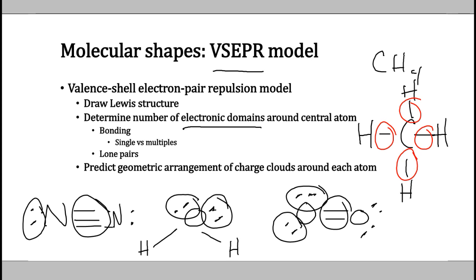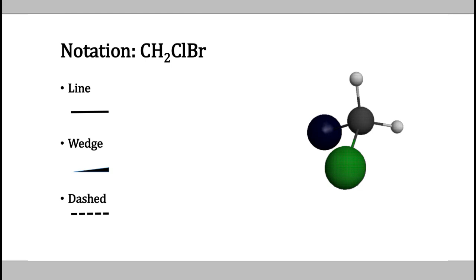So let's go ahead and take a look at some other notation. You won't always be able to see a 3D model. Sometimes the way that 3D models are represented is that we have different types of bonds. We use a line to denote that it's in the same plane as the central atom.